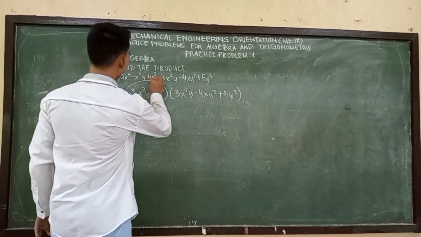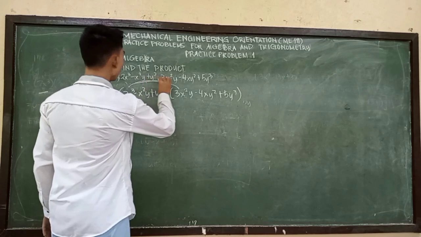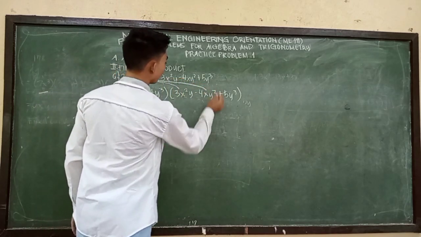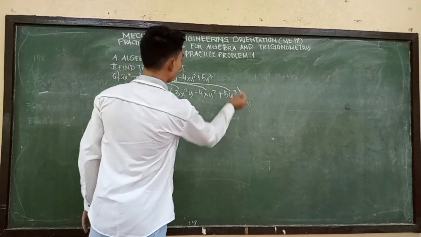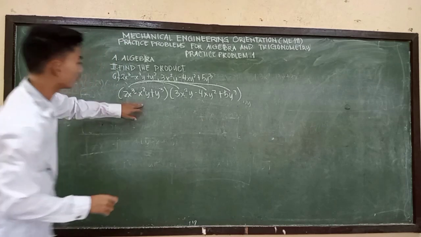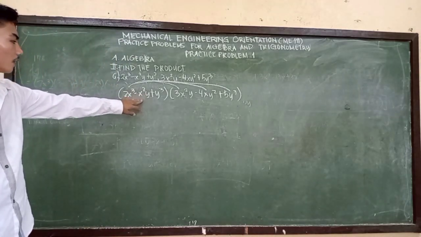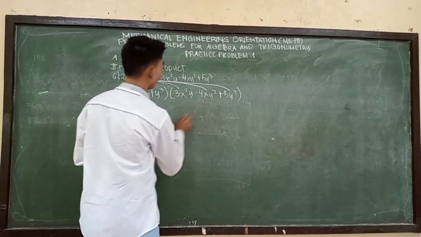So it will be 2x cubed times 3x squared y, 2x cubed times negative 4xy squared, and 2x cubed times 5y cubed.